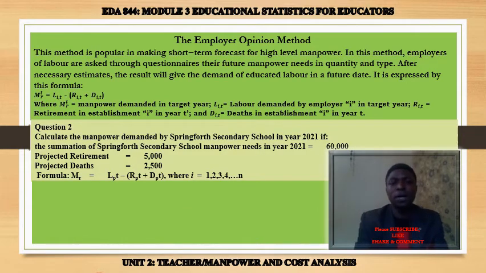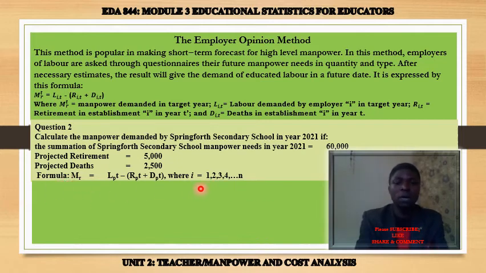Calculate the manpower demanded by Springforth Secondary School in year 2021 if the summation of Springforth Secondary School manpower needs in year 2021 is equal to 60,000. The projected retirements is equal to 5,000, and the projected death is 2,500. So we are required to make use of this formula.